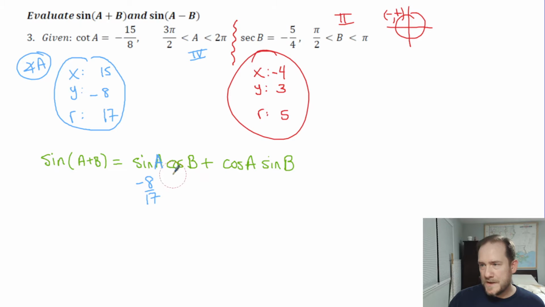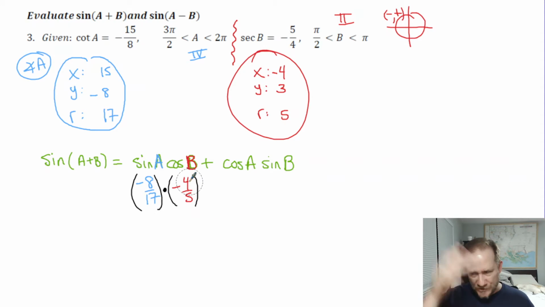But now we're doing the red angle. We're doing angle B. We're using these values in red. It's cosine now, so it's x over r, so negative 4/5. And again, this is multiplication. So it might not hurt to just put parentheses around this to stress that we're definitely multiplying. We're not subtracting. It's just multiplication.